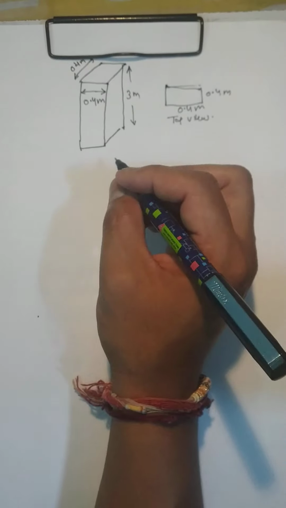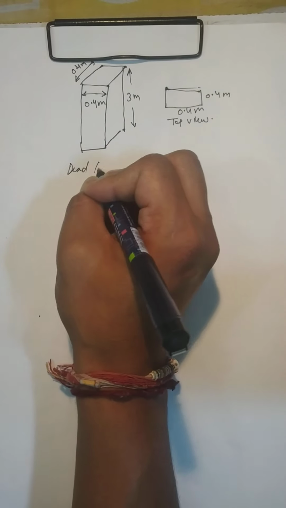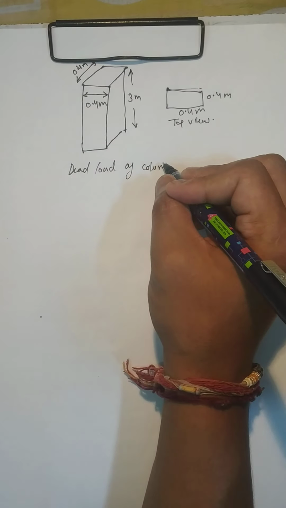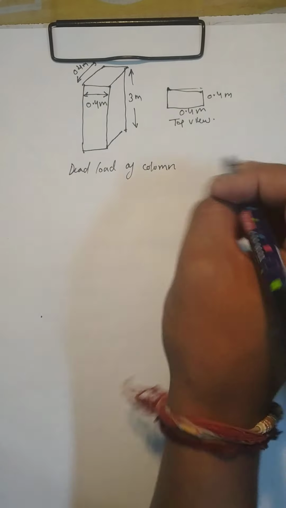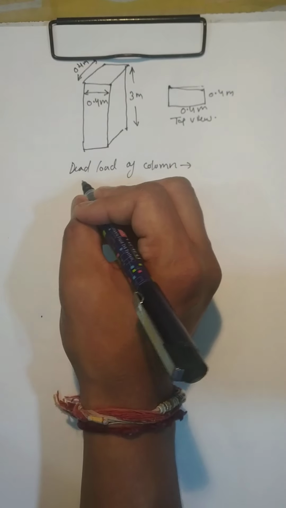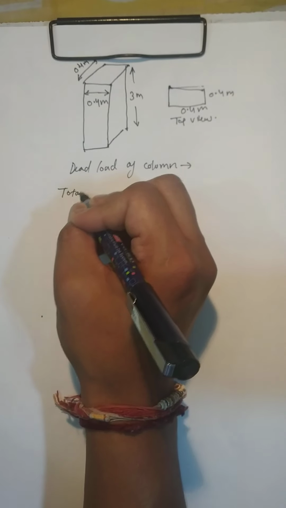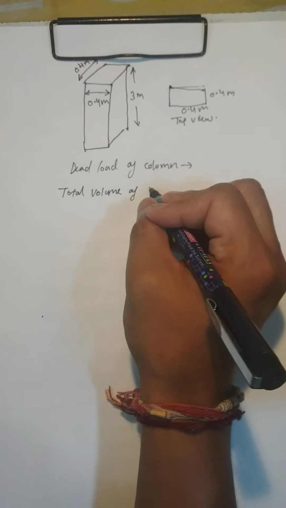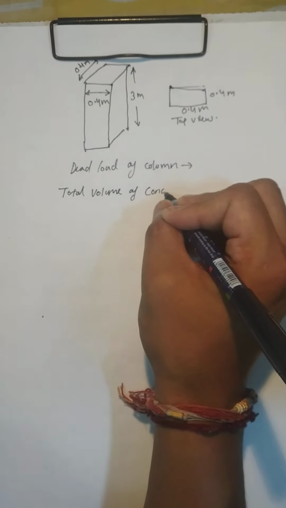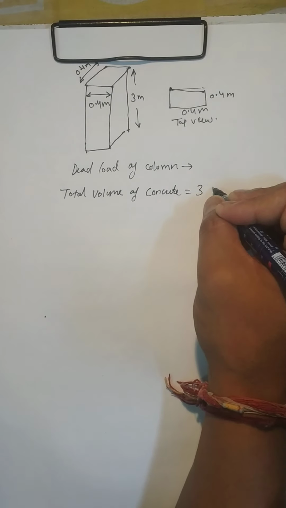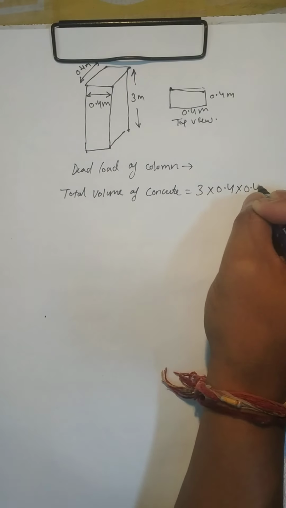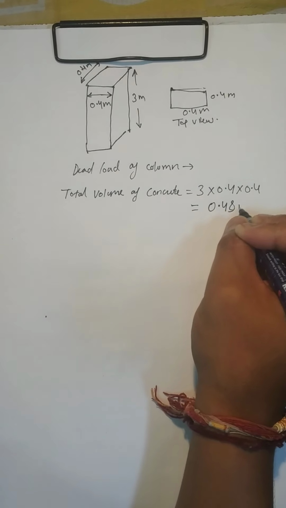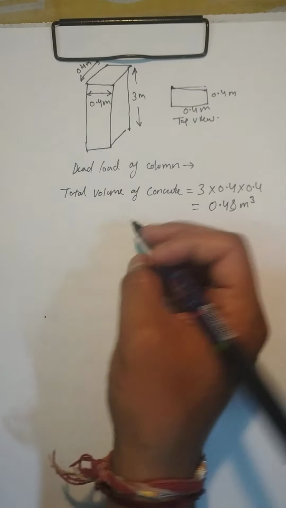Fine. So how to calculate the dead load? Dead load of column can be found by using the total volume of concrete, in this case it is the column, that is 3 into 0.4 meters into 0.4 meters, which gives 0.48 meter cube, right?